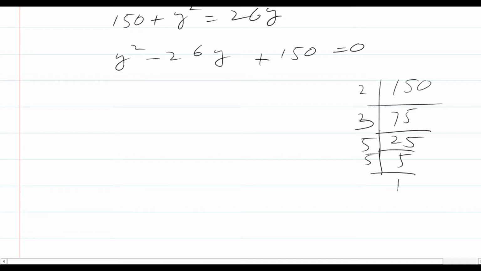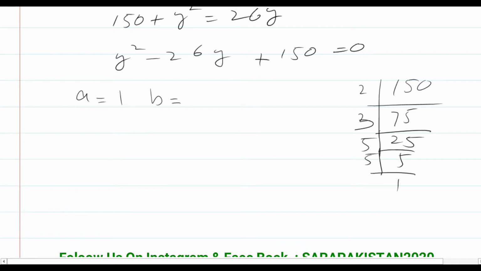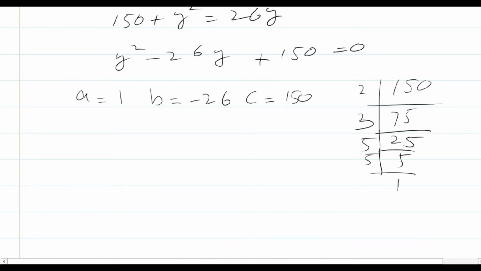You can find out the values of a, b and c. Here a is 1, b is minus 26 and c is 150. So x equals minus b plus minus square root of b square minus 4ac, whole over 2a.